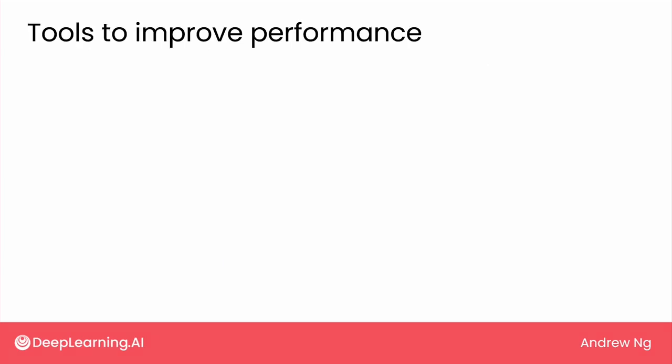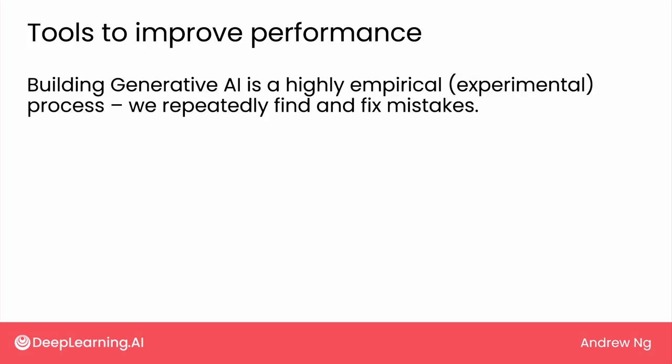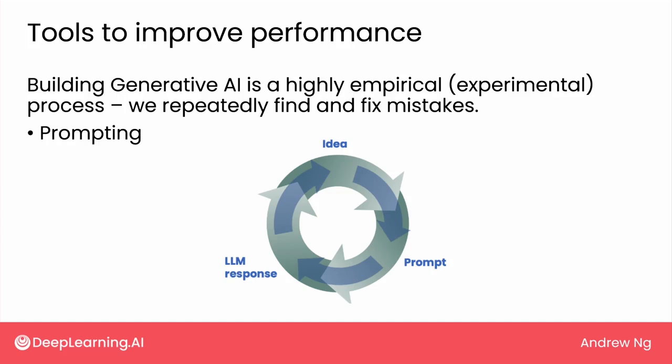So it turns out that building generative AI software is a highly empirical, and by that I mean a highly experimental process, meaning that we'll repeatedly try something and then find and fix mistakes. We've already seen how prompting itself is a highly empirical process, where you would have an idea, try the prompt, see the response, then maybe update your idea in the prompt and go again.